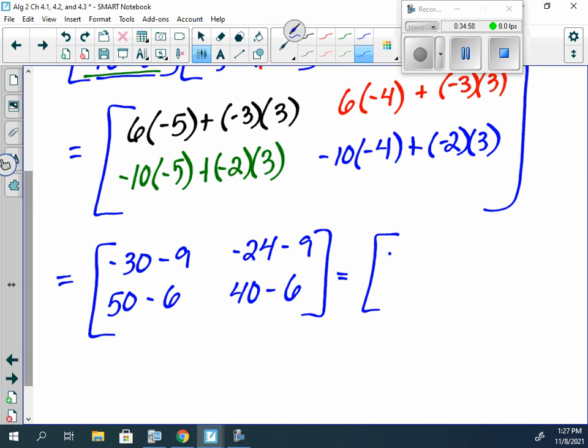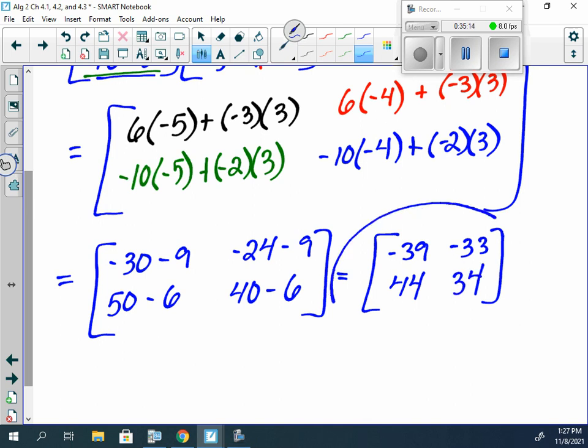Negative 30 minus 9 would be negative 39. Negative 24 minus 9 is negative 33. 50 minus 6 is 44, and 40 minus 6 is 34.